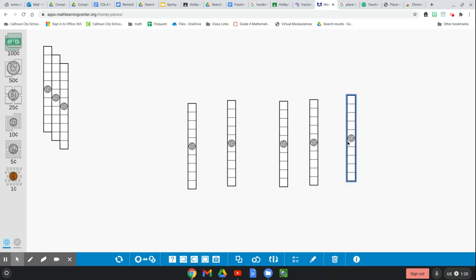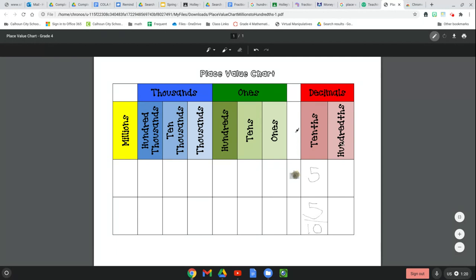That is 5 tenths. But I wouldn't say, here, everyone, I have 5/10, right? You want to know the value of it, right? So how much would that be? If I had 5 dimes, what would that be equivalent to? Well, that would be equivalent to 50 cents. So 5/10 can also be shown as 50 hundredths. Do you see that right there? It's not hundreds right there where that is a whole amount. This is a fraction.